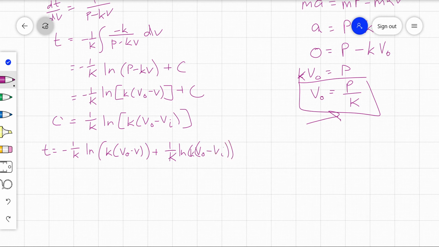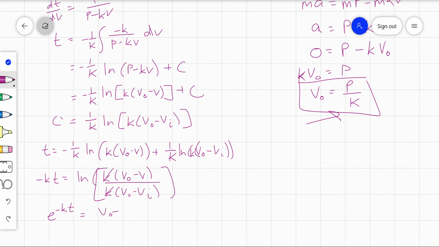Alright, let's times both sides by negative k, so this will just be a log (kv0 minus v), and it's going to be a minus log, so I'm going to put this under here. That'll be a vi. You can see the k's will cancel there, so actually I can say e to the minus kt is going to be (v0 minus v) on (v0 minus vi).